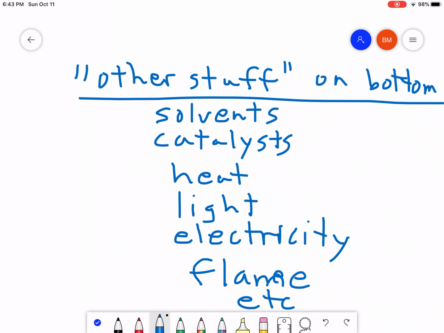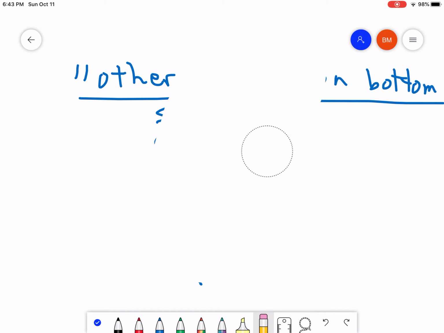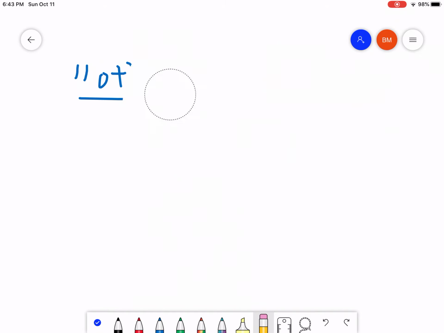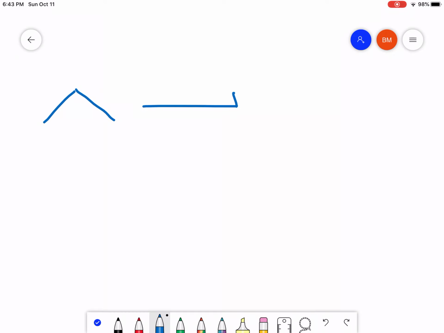By putting it on the bottom, it tells the viewer that this isn't going to chemically react or form bonds, but it's necessary to get the process to go. For example, let's say we were trying to convert propane into 2-bromopropane.